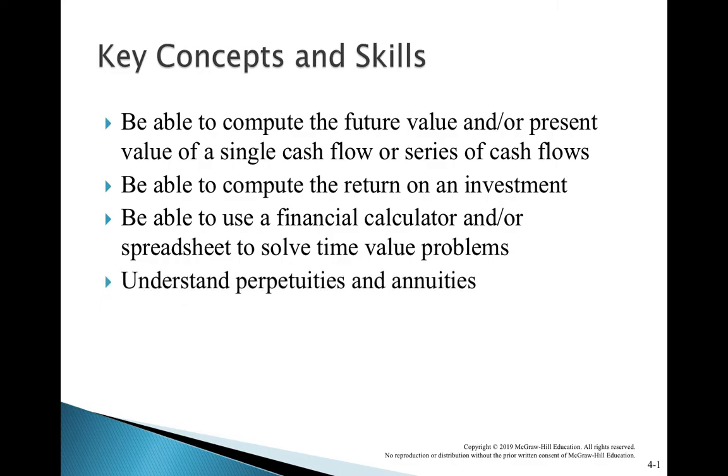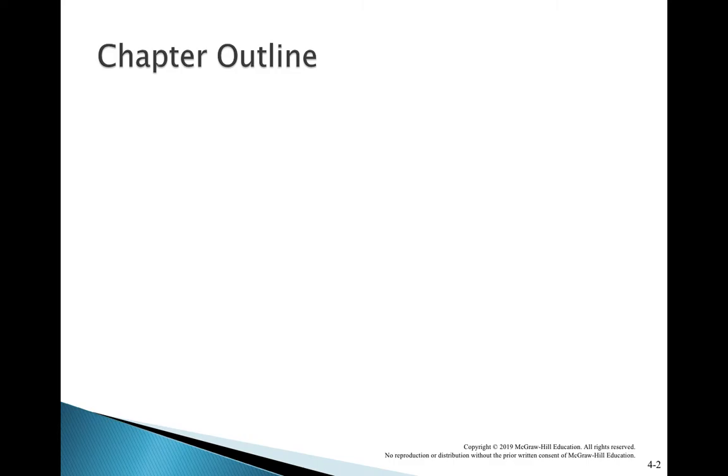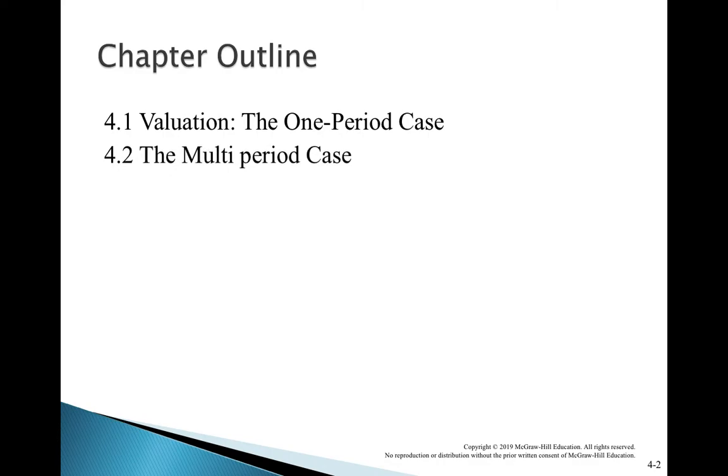We will understand perpetuities and annuities. What do we mean by perpetuity and annuity? You will understand in this chapter. The outline will be chapter 4.1 valuation. The one period case means one cash flow, and we will calculate future value and present value. Multiple period cash flows: how can we get the present value and future value?